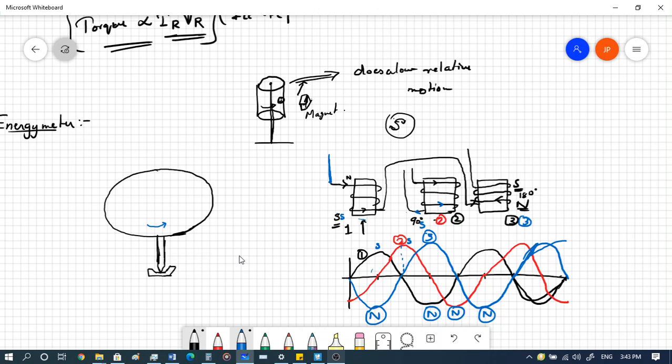So this 1 and 3 will correspond to your current coil. So let's say this is your supply. You can connect your supply over here, and the current comes through here, and let's say this is connected to your load.